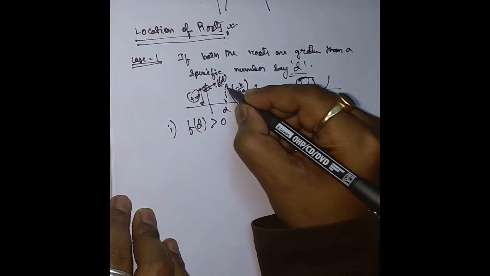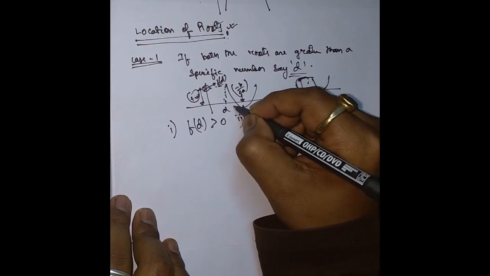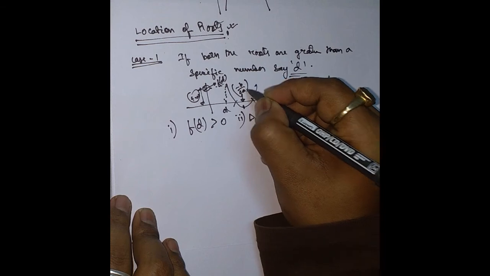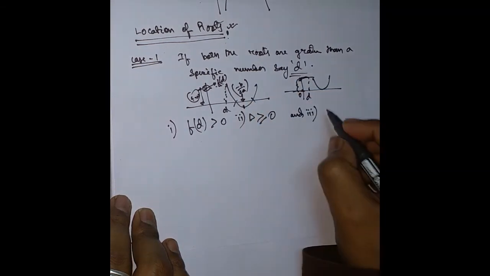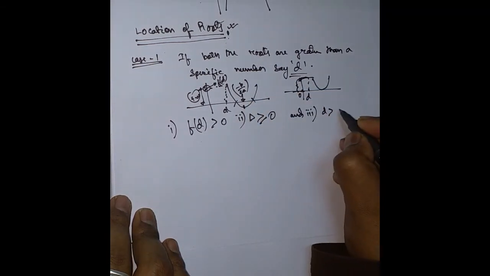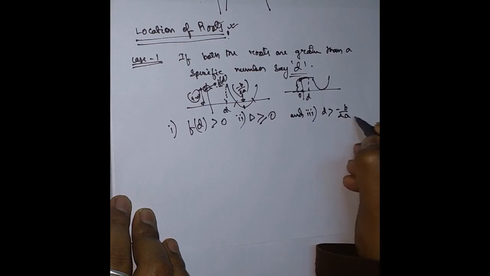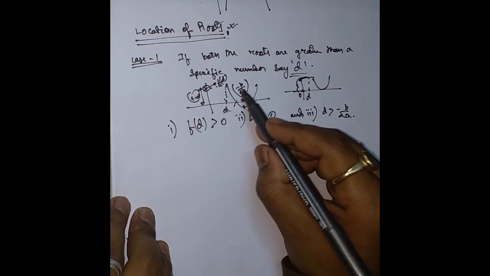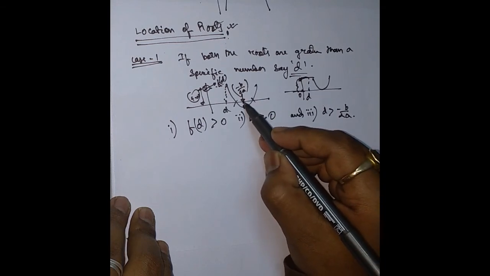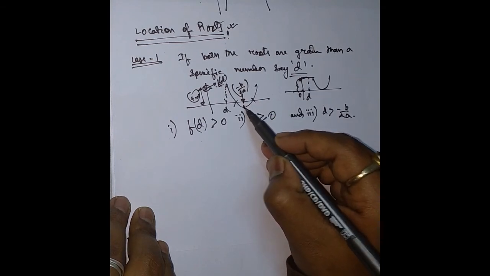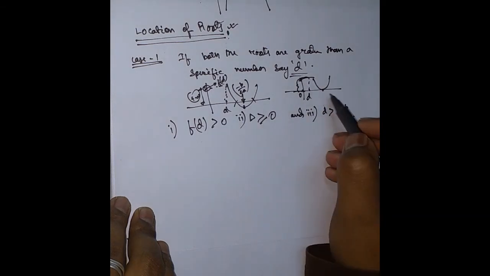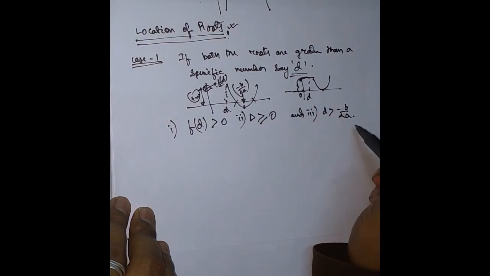Since d is less than the roots, d will also be less than minus b by 2a. d is any value on the x-axis, and minus b by 2a is the value on the x-axis where the maxima or minima of the parabola occurs.